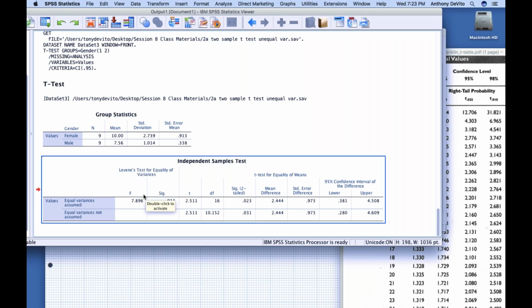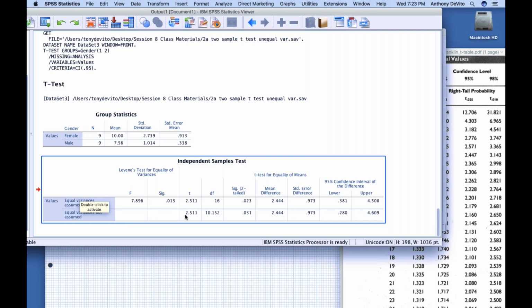And my statistic for Levene's test is very big. And my significance, my probability of being wrong if I reject the idea that the variances are equal and use the second row instead, is less than 1%, only about 1%, which is less than 5%, which suggests I'm going to use that bottom row instead of the top row.